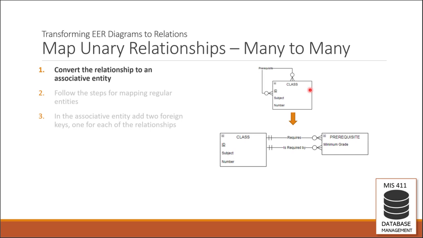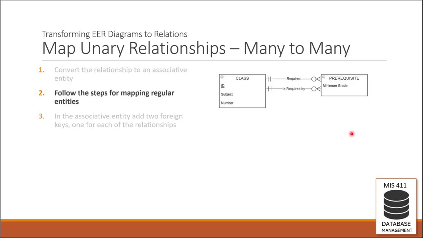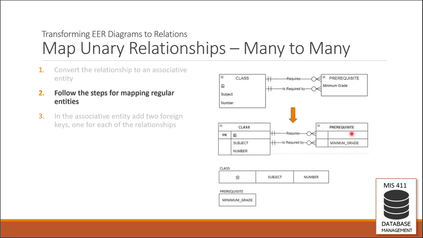Reading out this relationship, if you were to unfold class and make a shadow copy on the other side of prerequisite, you would see that it's basically just an associative entity relationship, with class having the mandatory one over here, and the other phantom class on this other side also having the mandatory one. At that point, you basically just do what you do for an associative entity. So we follow the steps for mapping regular entities. We take class and prerequisite and bring them down. Prerequisite itself doesn't have its own identifier just yet, as you may recall from associative entities.